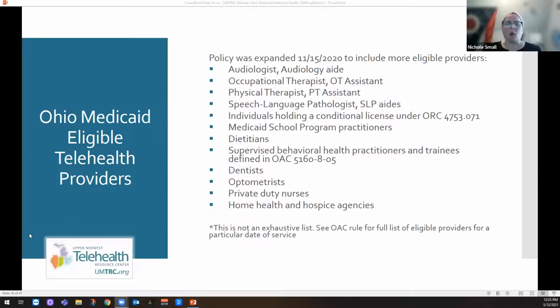So our policy expanded it to include all of these individuals. It really expanded the pool of practitioners who could actually provide a telehealth service, especially expanding access to behavioral health services. So we were excited to get that incorporated into our rule.